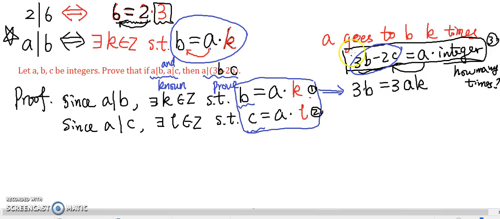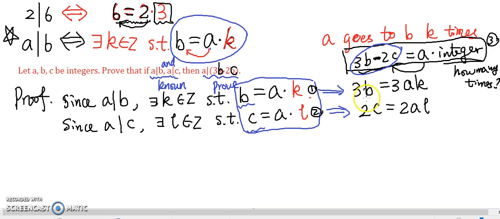Now in equation 2, I'm going to multiply both sides by 2, because I need a 2 in front of the letter C. And I can subtract, because we got to 3b and 2c now, and we just need a subtraction between them.